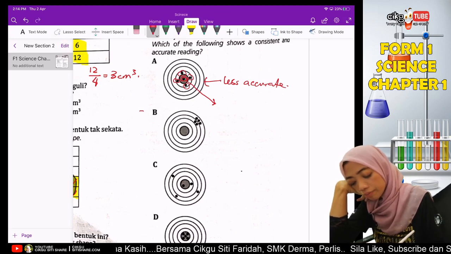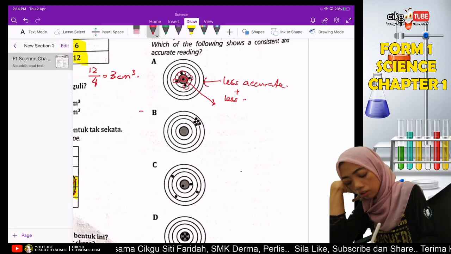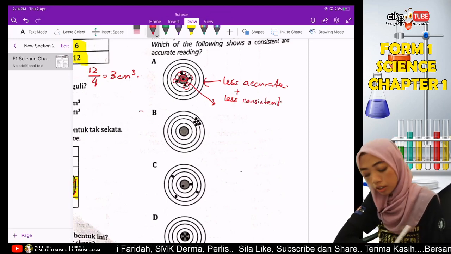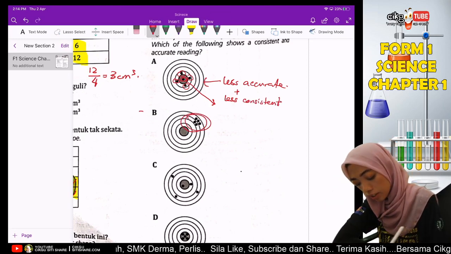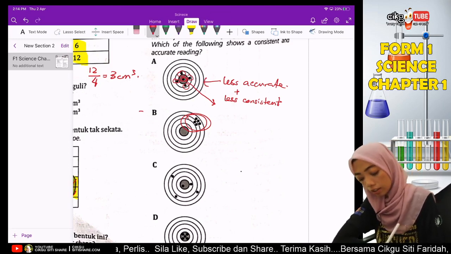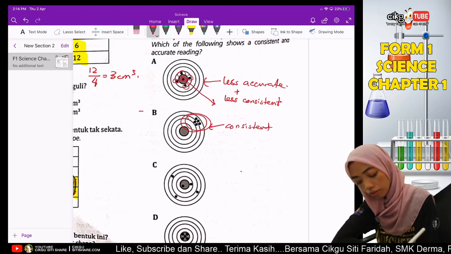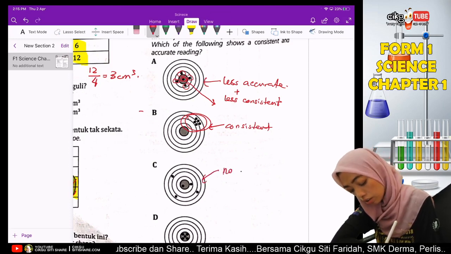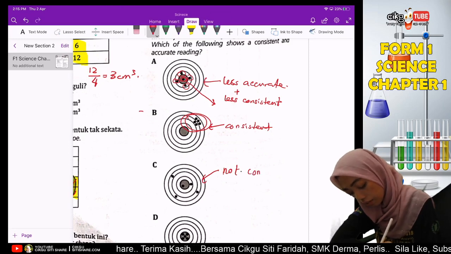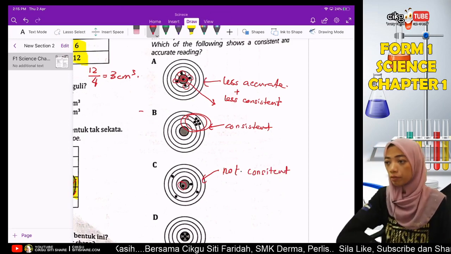So, less consistent and less accurate. Okay, for this one, B, you can see the measurement is not accurate at all, but it is consistent. Okay, this one is not consistent and not accurate. One accurate and the others are not accurate.